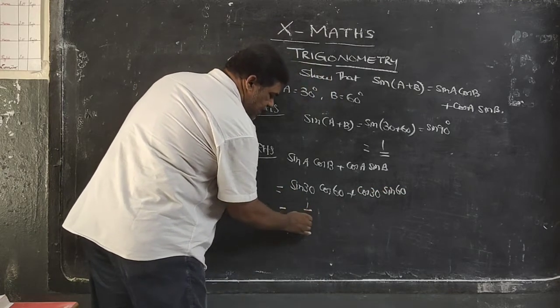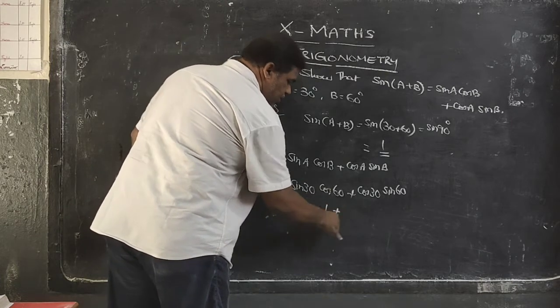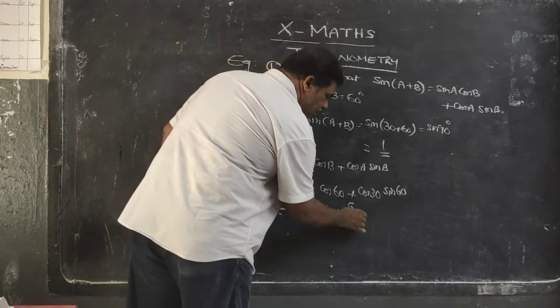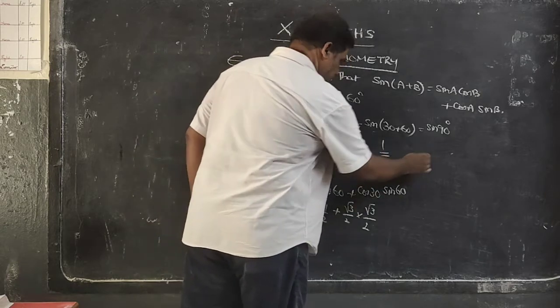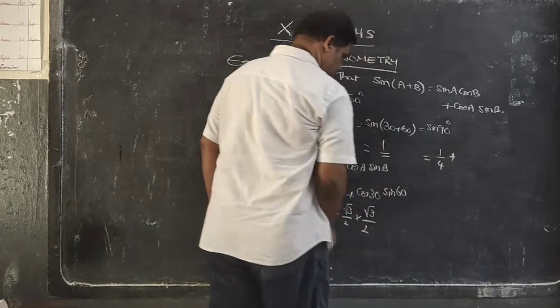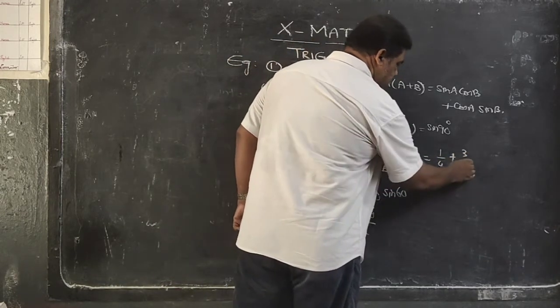Sin 30 degrees value is 1 by 2. Cos 60 degrees is also 1 by 2. Cos 30 degrees is root 3 by 2. Sin 60 degrees is also root 3 by 2. Now 1 by 2 into 1 by 2 is 1 by 4. Root 3 into root 3 is 3. 2 into 2 is 4.